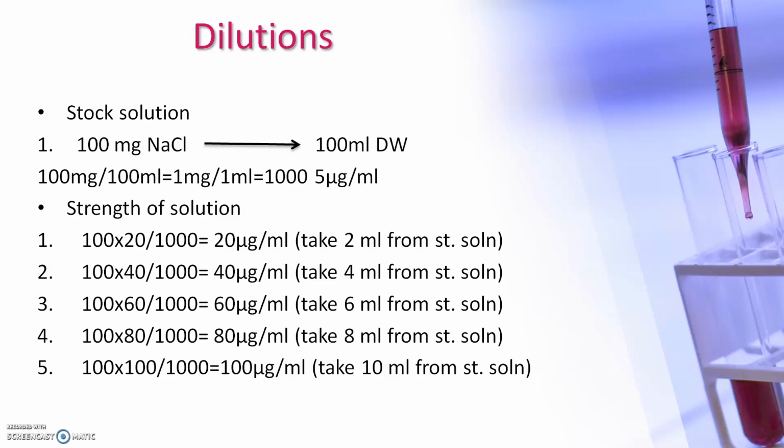So we take 2 ml from the stock solution. The calculation is: 1000, the strength of the stock solution, into 2 ml, divided by 100 ml, gives 20 microgram per ml. As per this we prepare all the dilutions.